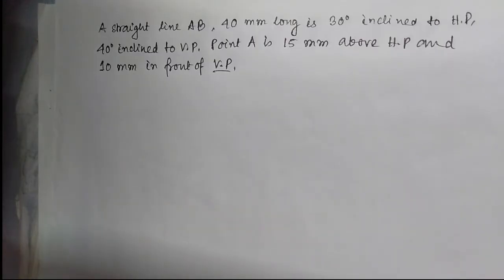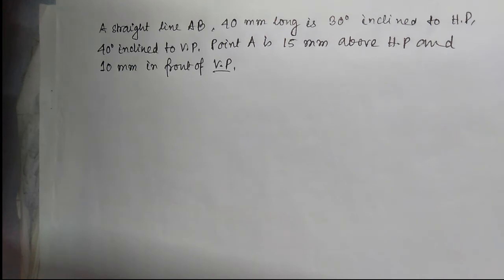So next problem, a straight line AB is 40 millimeter long, inclined 30 degree to the horizontal plane and inclined 40 degree to the vertical plane. The point A is 15 millimeter above horizontal plane and 10 millimeter in front of the vertical plane.